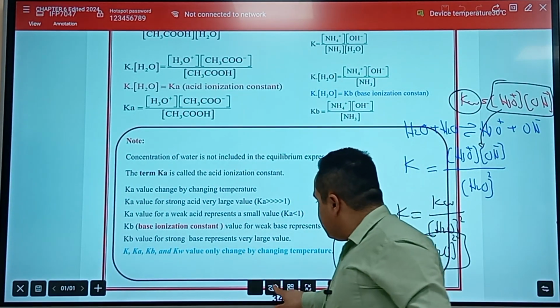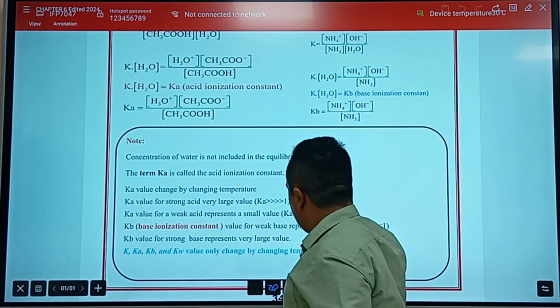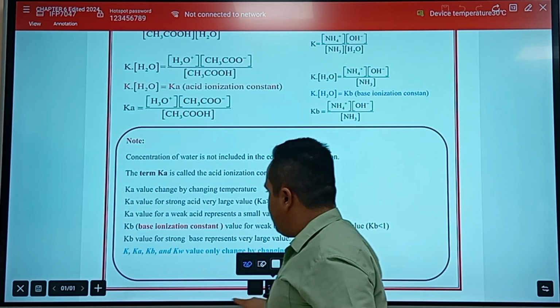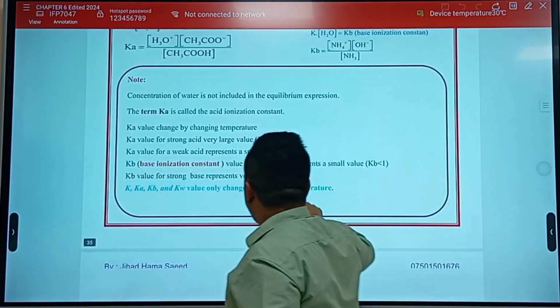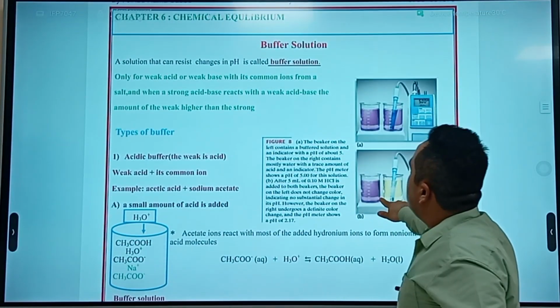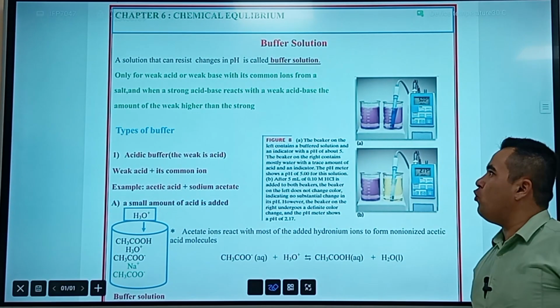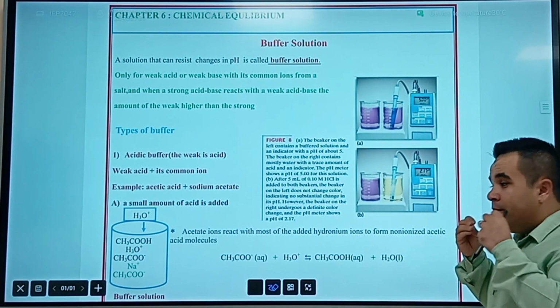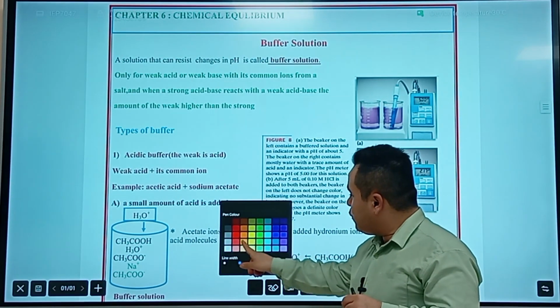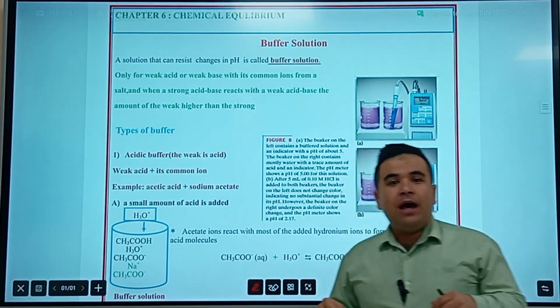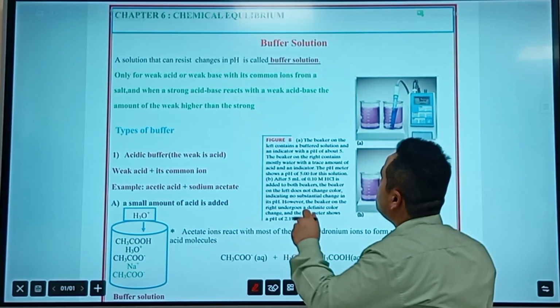Let us talk about the buffer solution, guys. We'll be talking about the buffer solution, define what a buffer solution is, and how to know whether a solution is buffered or not. The buffer solution refers to a solution that resists change in pH.